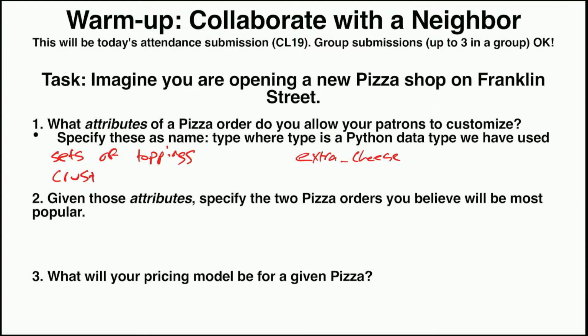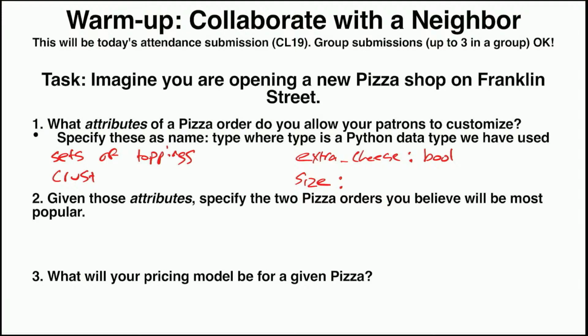All right. So we can take some of these and we can start imagining Python types. For example, what type might you use for extra cheese? A bool value? Boolean. Yeah. What about size? Probably either a str or an int, I'm not sure. Yeah, so that's a great observation.